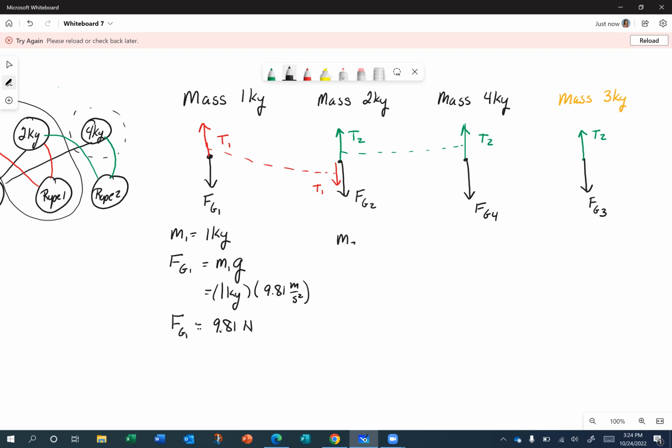The mass 2 is equal to 2 kilograms. So the force of gravity on mass 2 is mass 2 times g. So that's going to be our 2 kilograms times 9.81 meters per second squared. So remember, this is giving us our magnitude of the weight, 19.62 newtons.